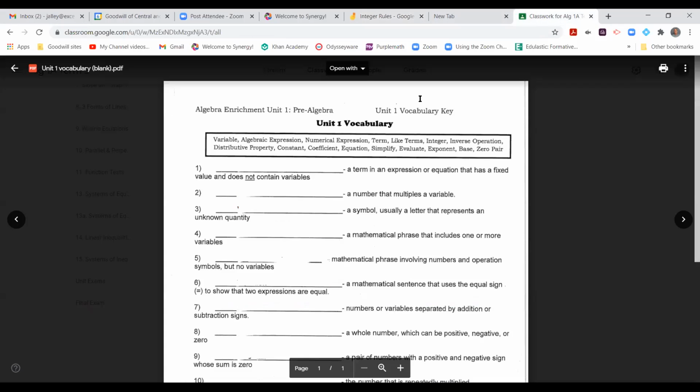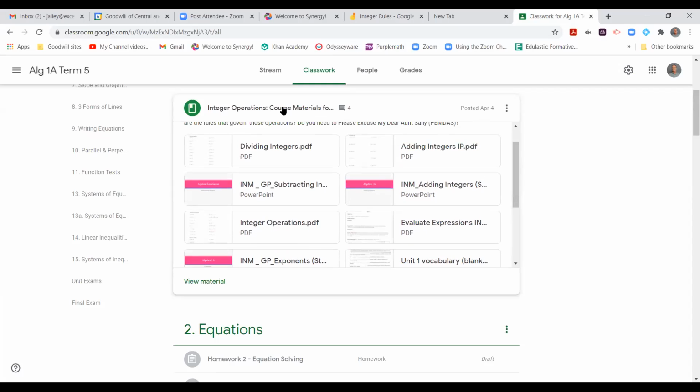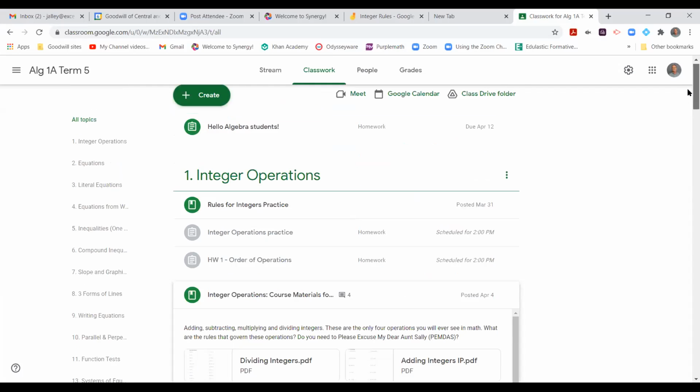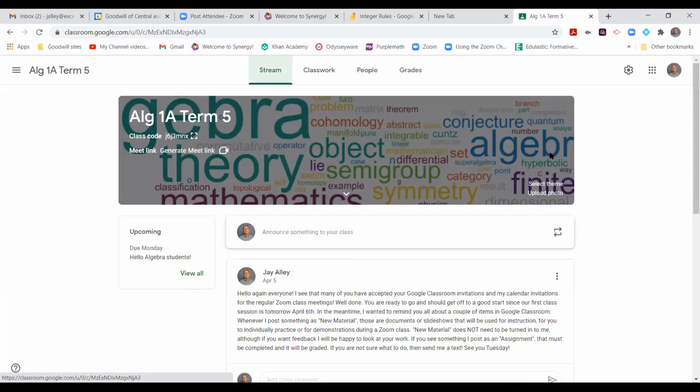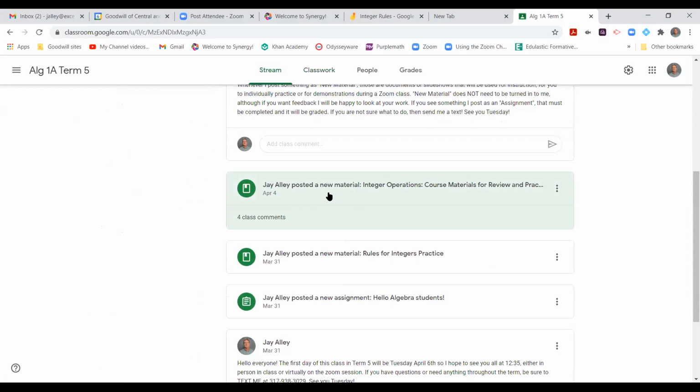Okay, thank you. If we go into Google Classroom, all this stuff here under integer operations says course materials. If you look in your stream, Jay Alley posted new material. Those are all just reference materials. You can use them to practice with. It's there for you to study with if you need to.